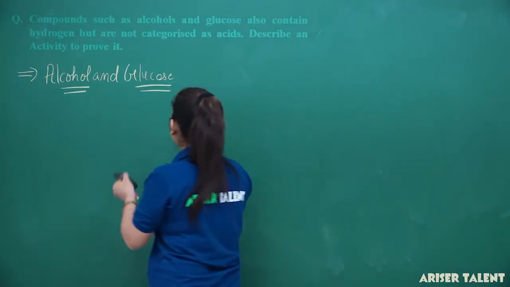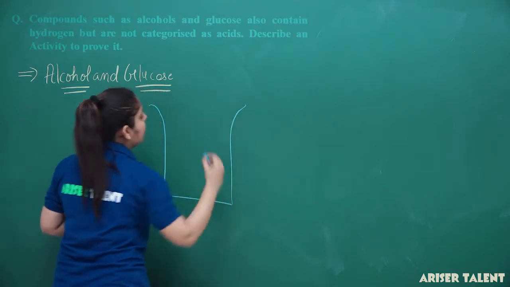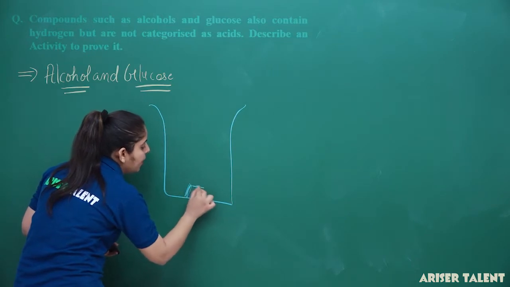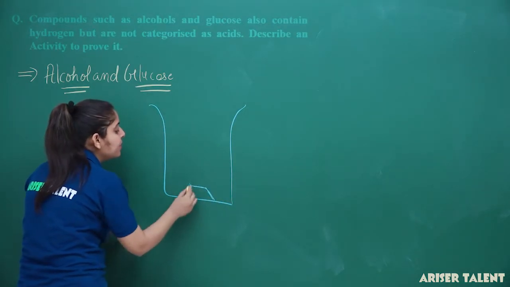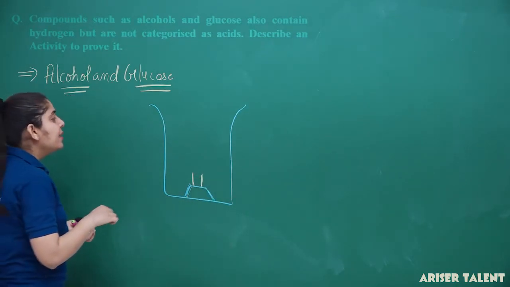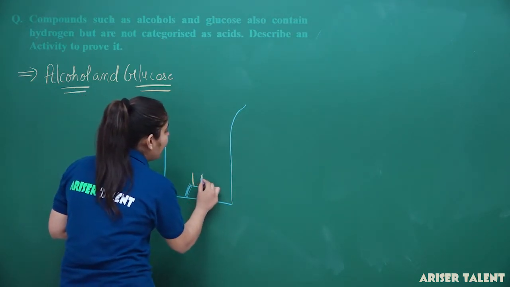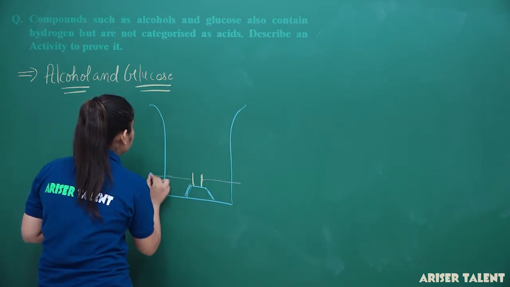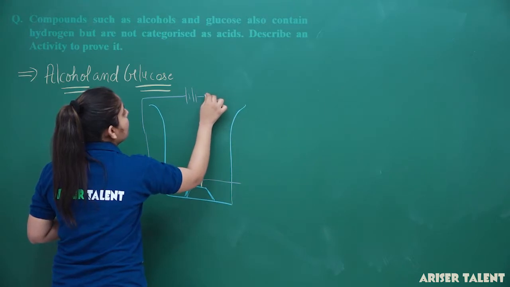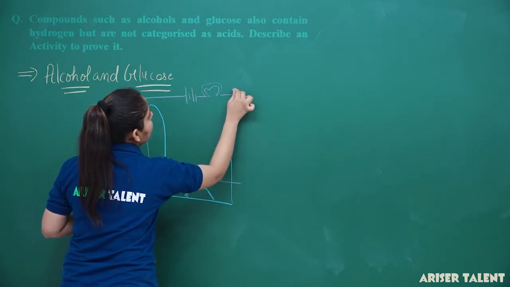So what we are doing here, we will take a container. Now what will happen in this container? We will take a rubber cork in the bottom of the container and we will fix 2 iron nails here. Now I am connecting these iron nails with a source of a battery, a key and a bulb. We are connecting this with a source of battery, one bulb here and a key here.